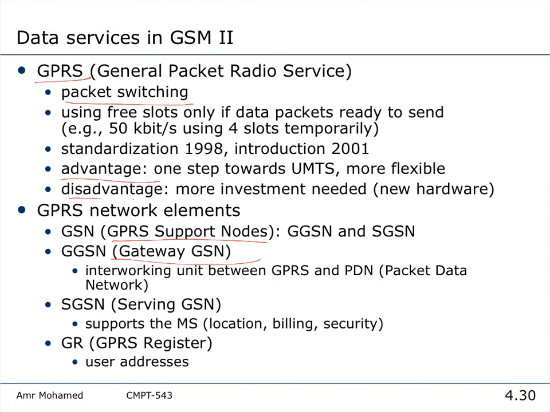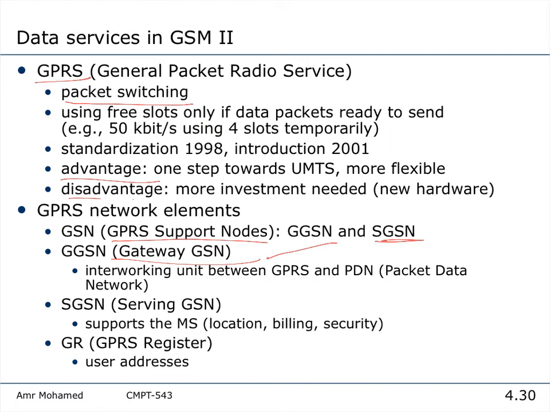We talked about GMSC and the interworking component, which are used to interface with other types of networks. Similarly here, we have the GPRS support node and the gateway support node, and the gateway support node is used to interface with the other types of packet data networks.